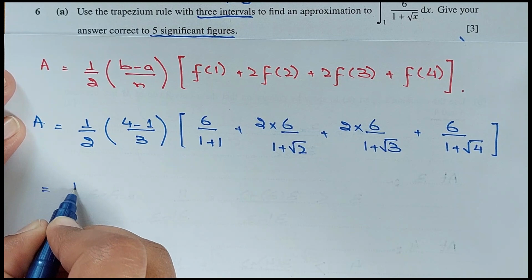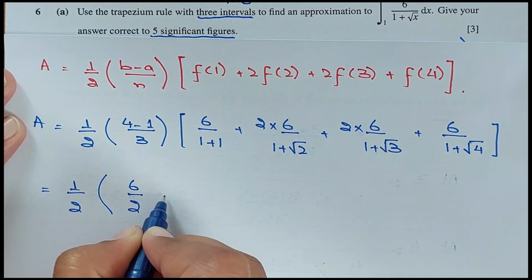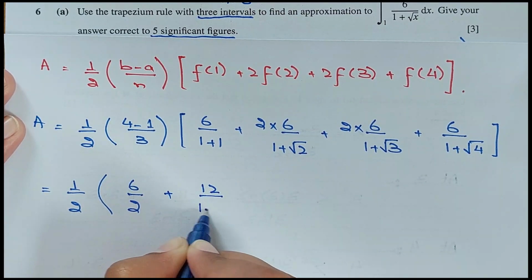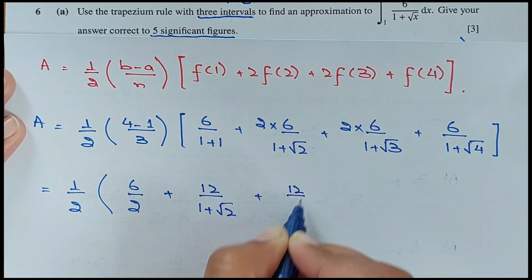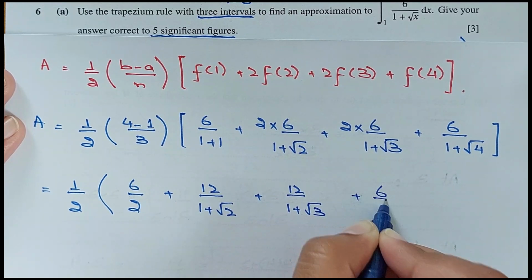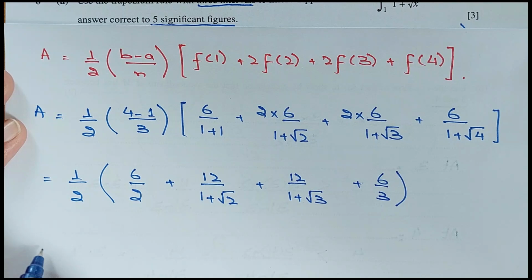So we are left with 1 by 2 into 6 by 2, plus 12 over 1 plus square root of 2, plus 12 over 1 plus square root of 3, plus 6 over 1 plus 2 makes 3. Right, this is 1 by 2.